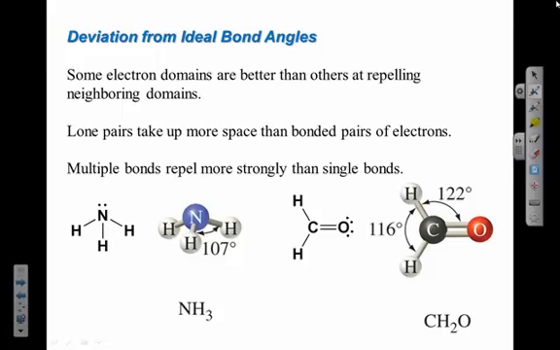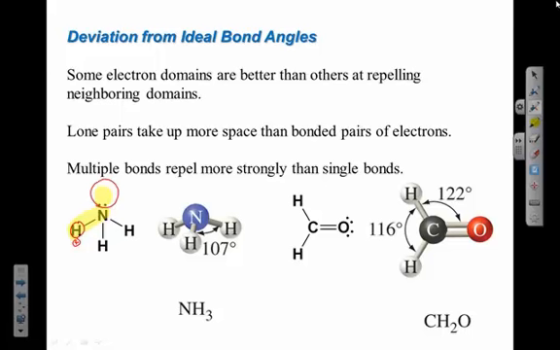So this slide just explains what we already said, which is that the repulsion created by a lone pair is actually not exactly the same as the repulsion created by a bonded pair. If you think about it, the bonded pair has another atom at the end with a positive charge in its nucleus. And so that's not going to be as repulsive as an orbital with no positive charge at all.